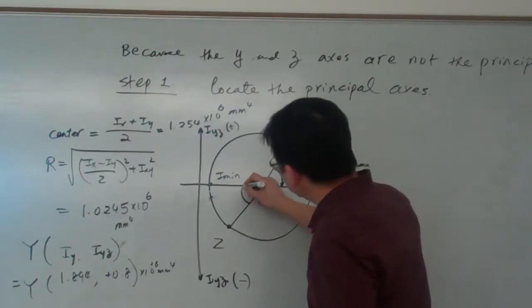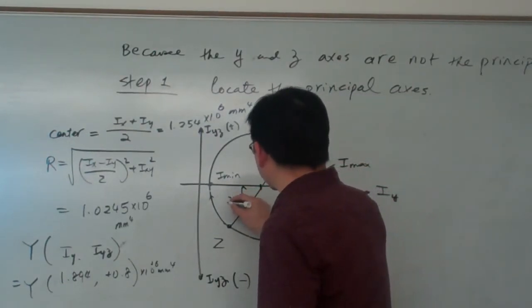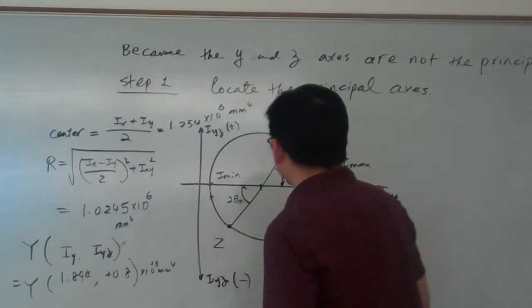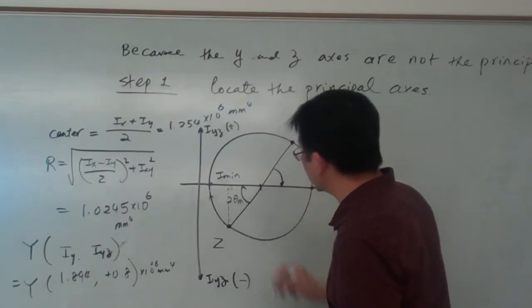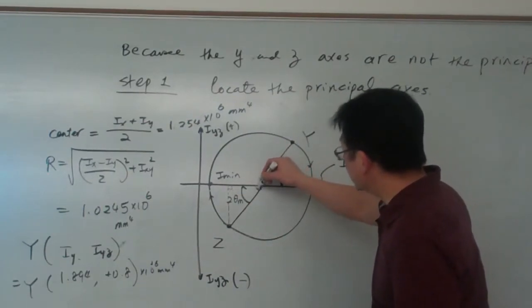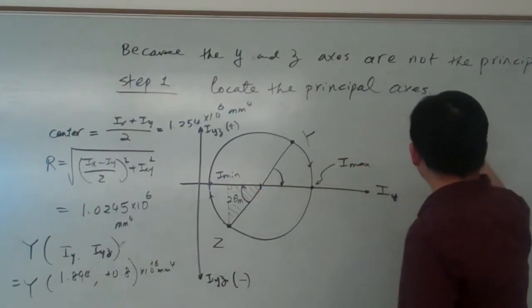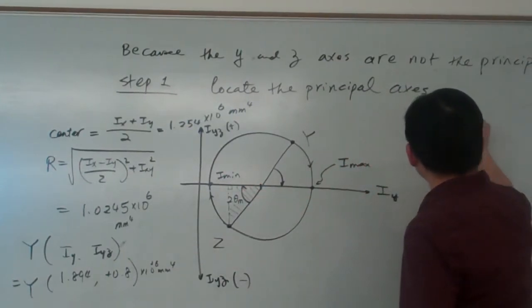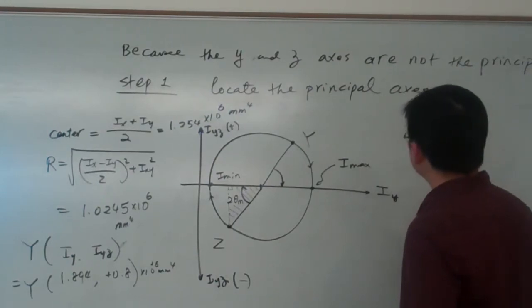So here we rotate by this angle, which I call 2 theta m. To find 2 theta m, we can utilize this triangle. For example, this is 90 degrees. So that triangle would be something like this. This is 2 theta m we're looking for.